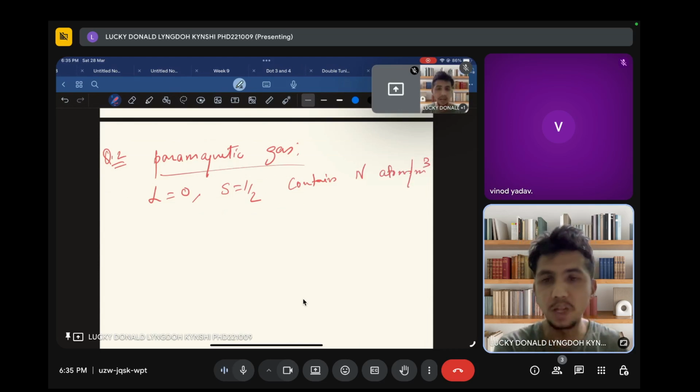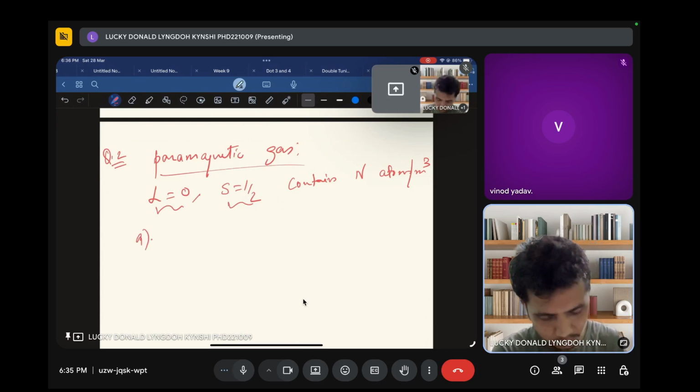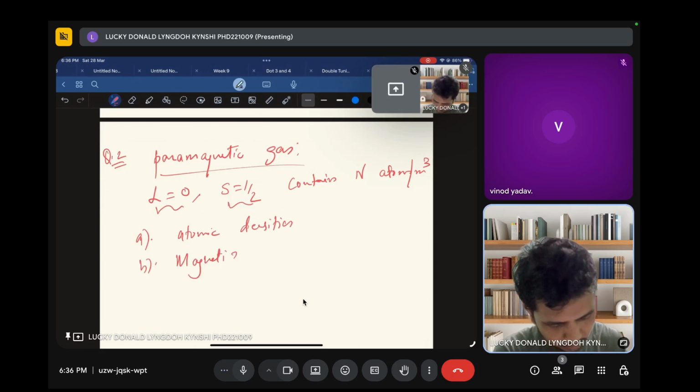Okay, that is the question. And the question is to obtain the atomic densities, the possible energy levels, and the resultant magnetization. So there are three of them: one is your atomic densities, and the second is your magnetization, that we need to find out.